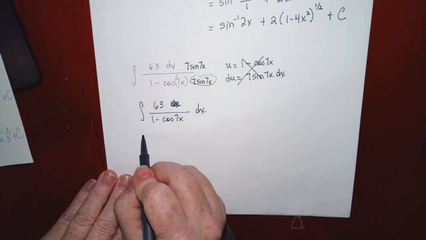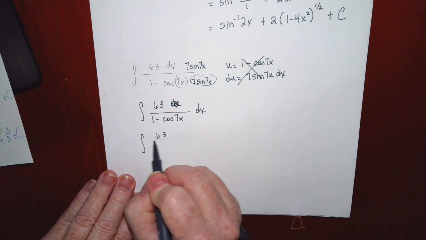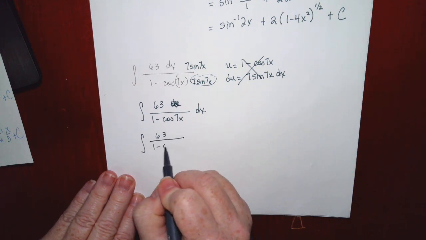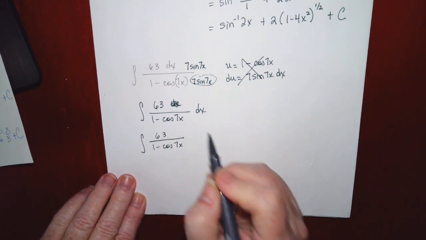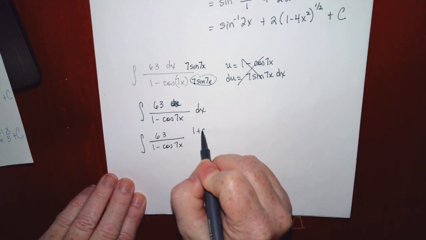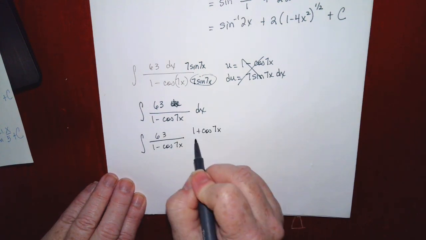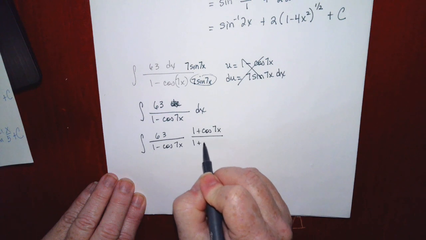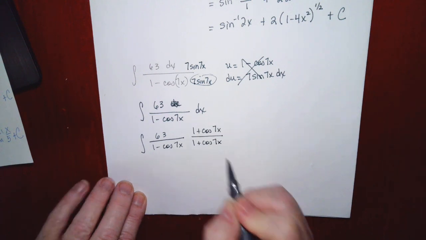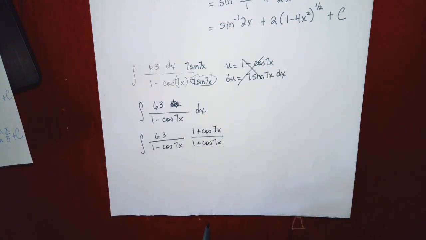So what we're going to do is try an algebraic trick here where we multiply top and bottom by the conjugate of the denominator, as far as it's just the same terms with the opposite sign in the middle.